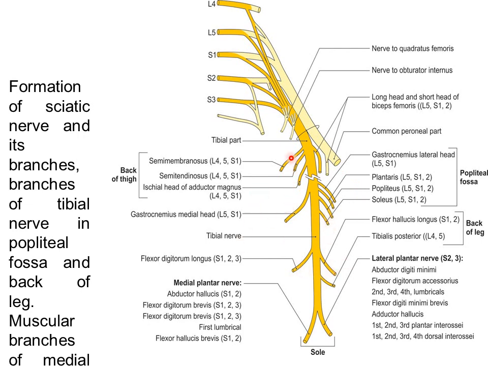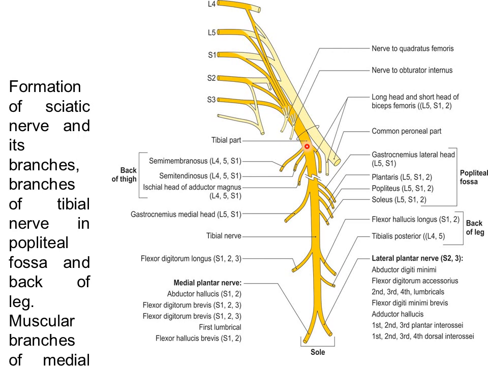So we can see here that the tibial component is formed by the ventral division of ventral primary rami of L4, L5, S1, S2 and S3. The sciatic nerve has 2 components, the tibial component and the common peroneal component.